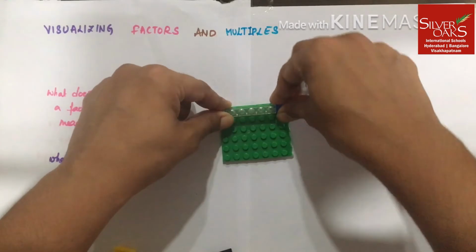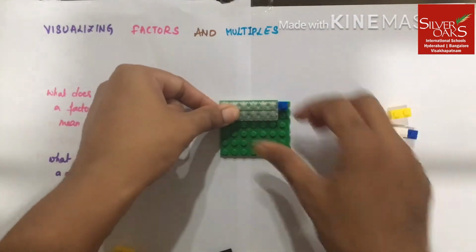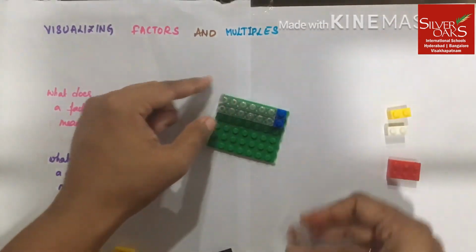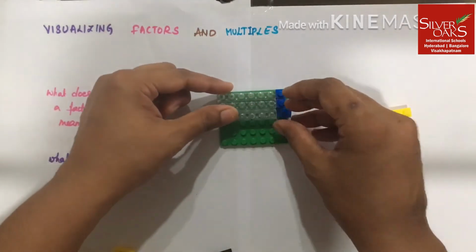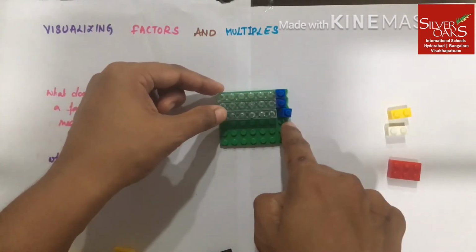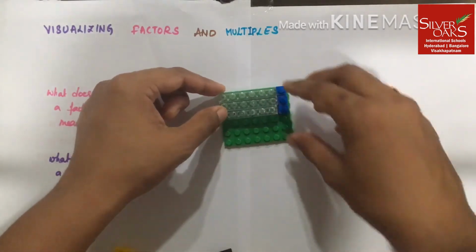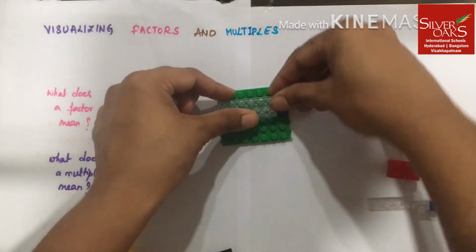Okay, I will take this. So my first 7, second 7, okay, and third 7, fourth 7 will get fit over here, fifth 7 and sixth 7. I think I'll be able to fill the whole sheet. So 7 is also a factor.